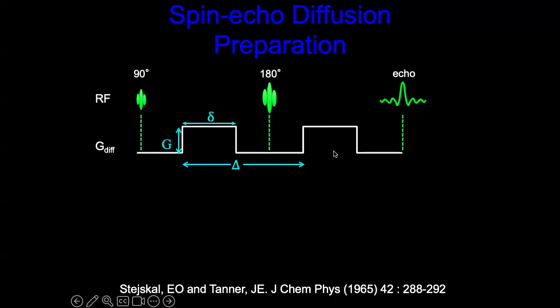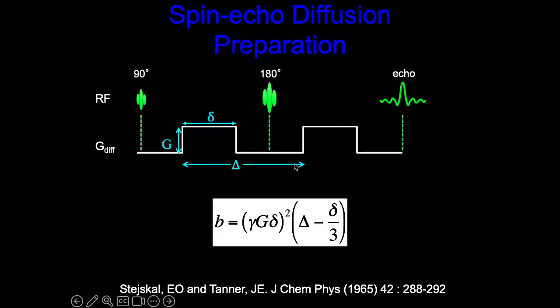How much diffusion weighting we have in the image is directly proportional to the amplitude of our diffusion gradient and how long we turned it on. So this is like the area under that gradient curve, and how long we let the diffusion occur. This is our diffusion time. These go into our equation for the B value, which is the parameter we get to control, because we can make our gradients any size we want. So the B value is directly proportional to the square of the area of that diffusion gradient and linearly proportional to the diffusion time, big delta.